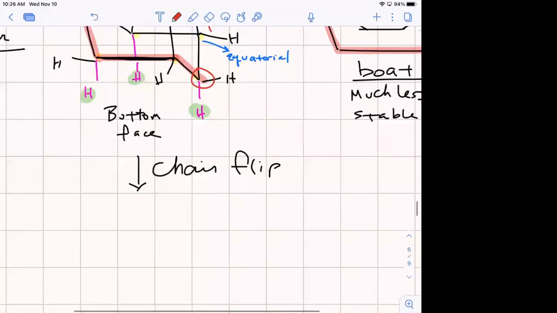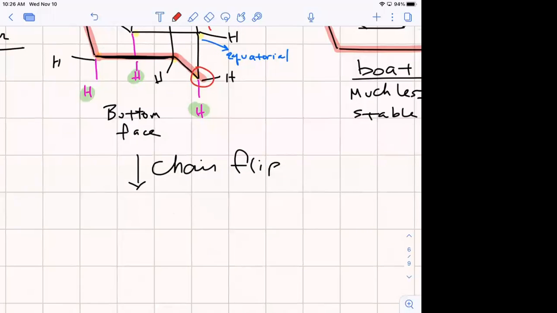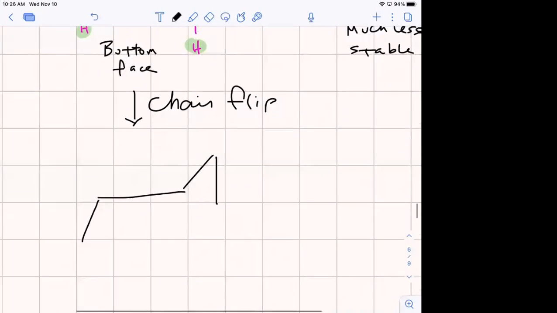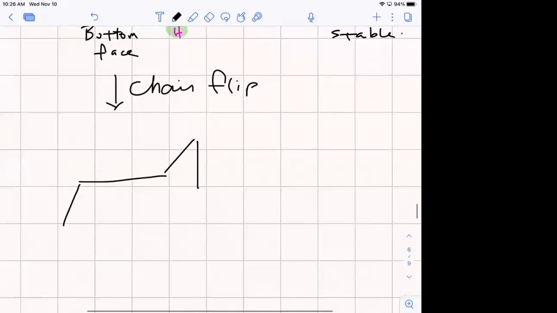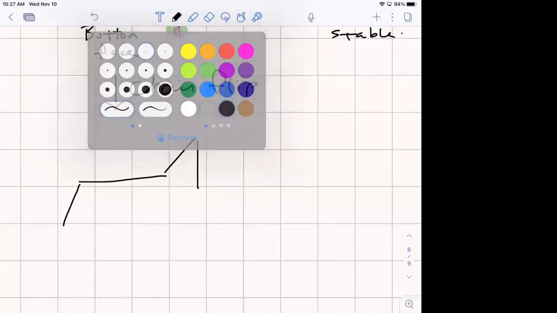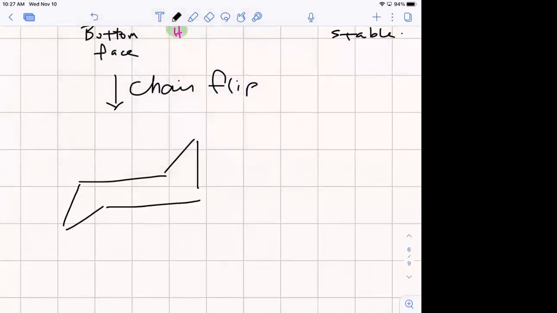So I'm going to take that front carbon and flip it up. So it's going to be pointed this way now instead of... I need to fix that. It's so sloppy.